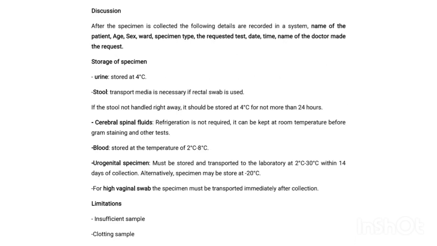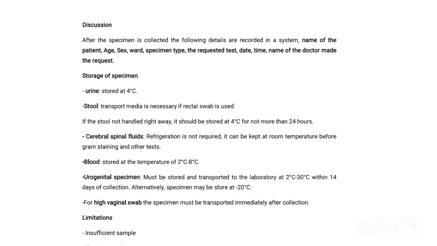So when we collect those samples, what do we need to do? First, we need to write the name of the patient on the sample. We write the age, the sex, the ward, and the specimen type.